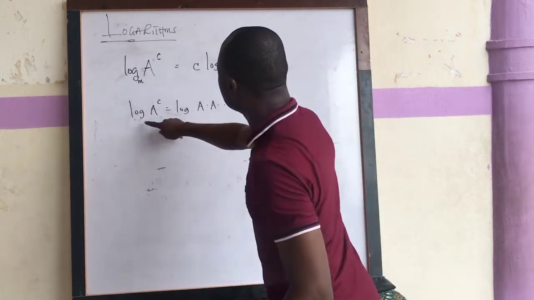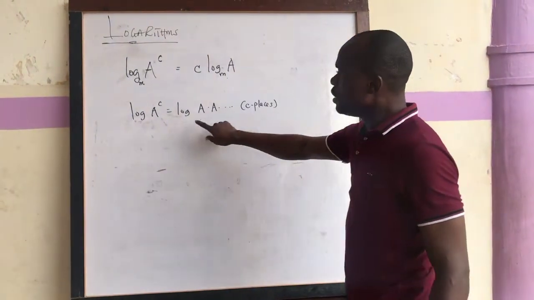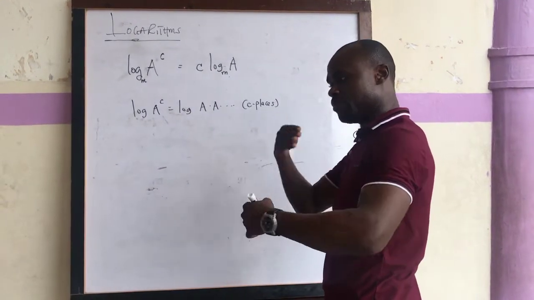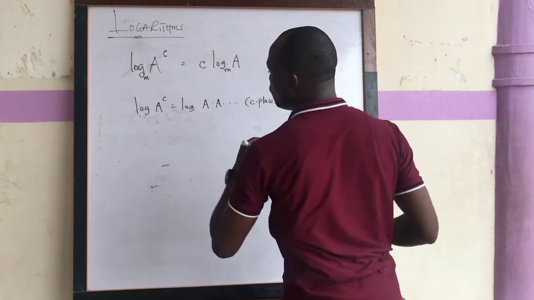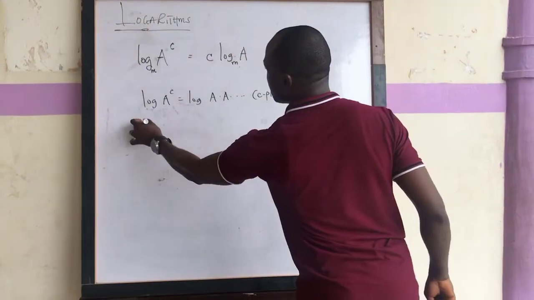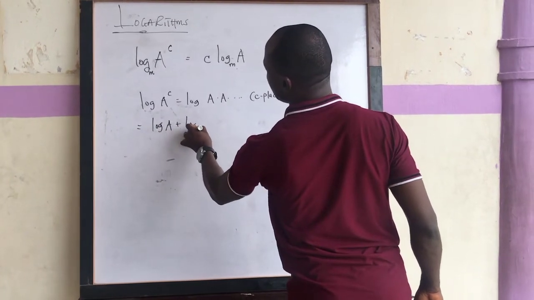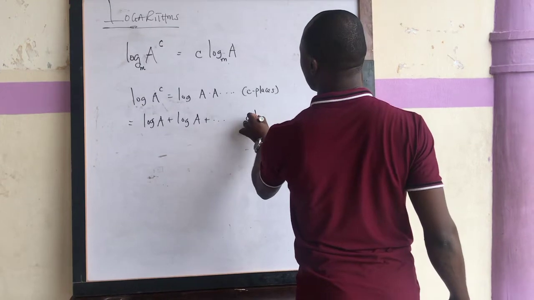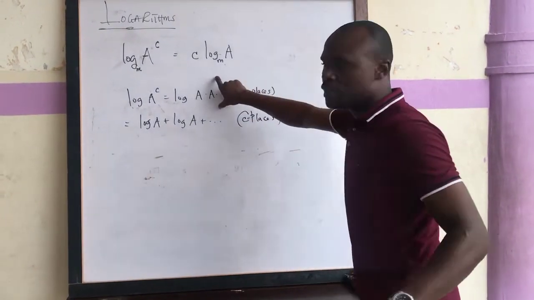So a raised to the power of c, like in my indices class, is a times a times a, in c places. And by the first law of logarithm, this can be written as log a plus log a, and we continue adding like that in c number of places.